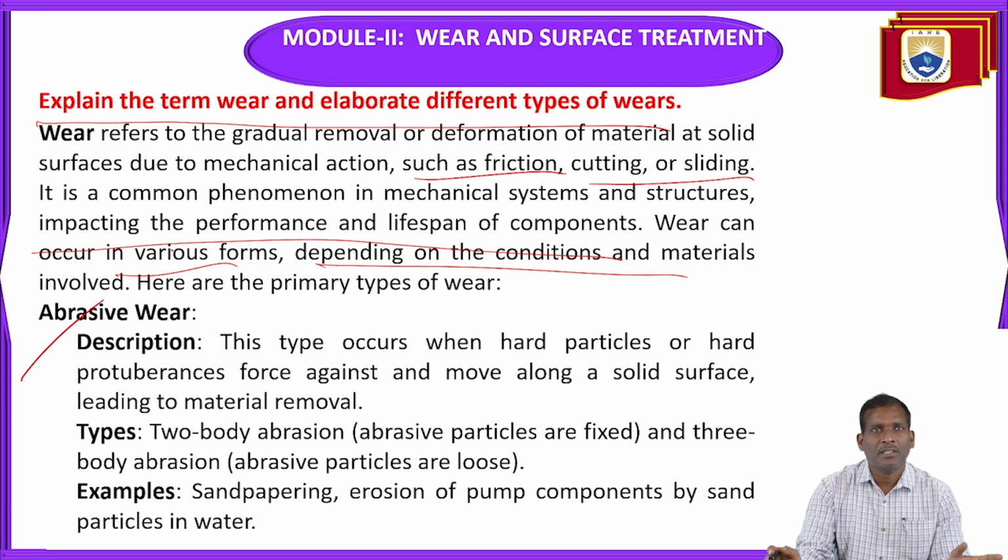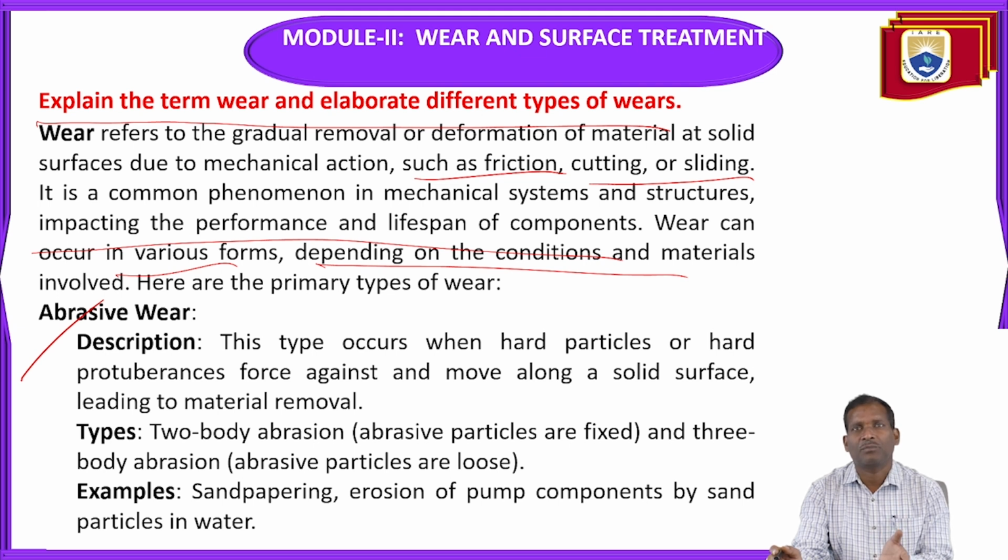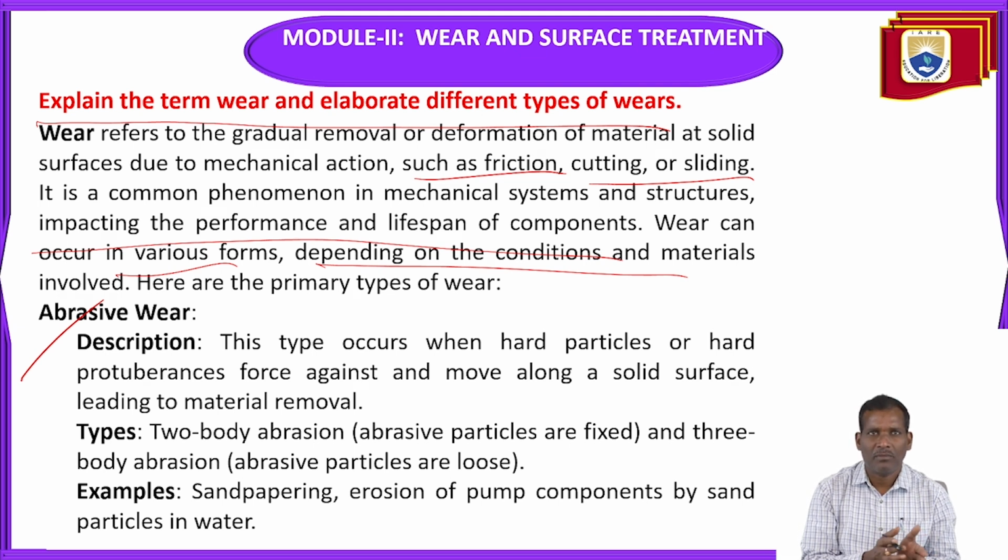The abrasive wear description: this type occurs when hard particles or hard protuberances are forced against and move along a solid surface, leading to material removal. All these forces lead to material removal.